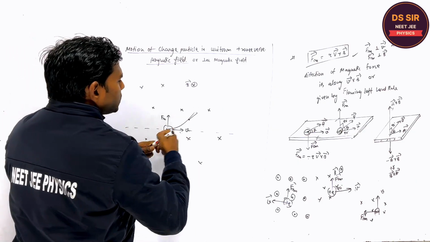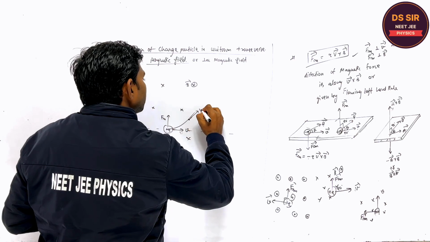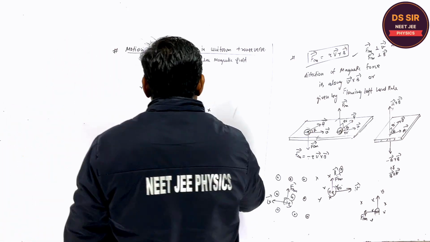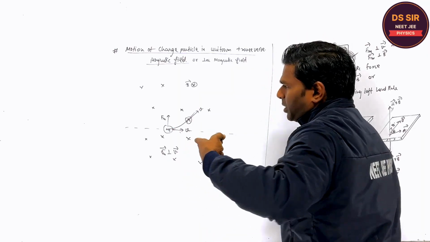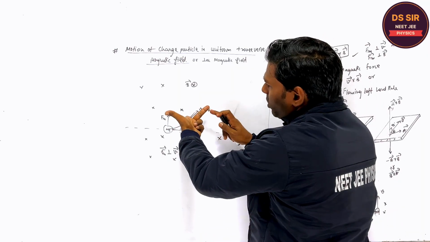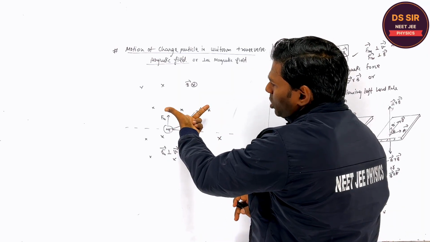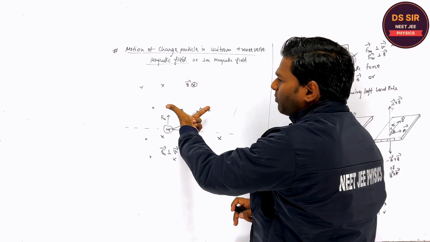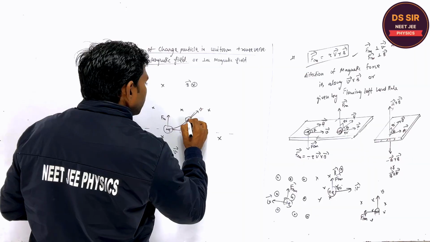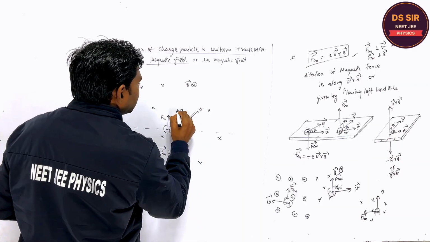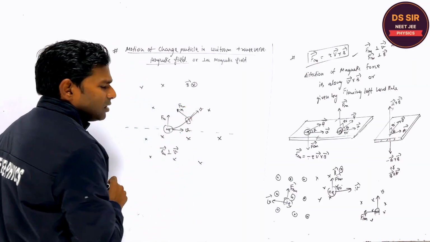So suppose its velocity is v now. Again, if this is the plus q charged particle, and the magnetic field is into the board, it is the velocity, so what is the direction of magnetic force? Along the perpendicular to the velocity, like this. Is it clear or not, you tell?